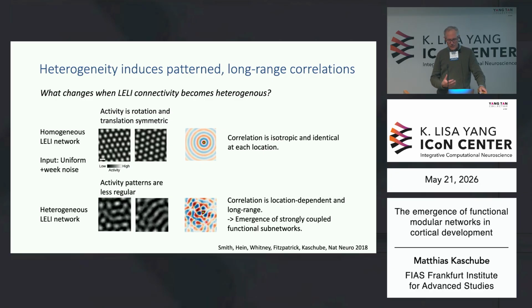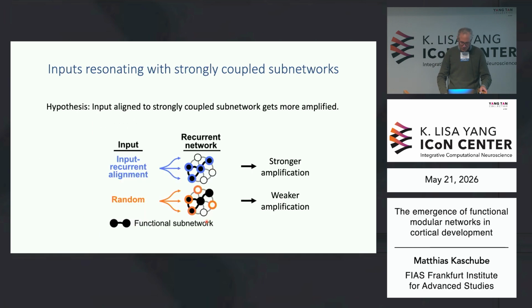And one interesting functional property, something we want to test, and this is a hypothesis, is that it actually matters a lot when you think of what drives these networks, what kind of input is actually activating these networks the most, then it really matters whether you hit one of these distributed functional networks or you don't.